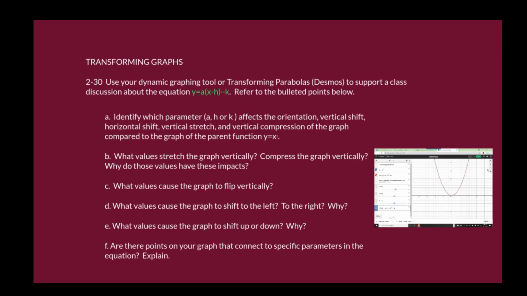You're going to see what a vertical stretch is, what a vertical compression is, what happens to the parameters to make the graph flip vertically, and what causes things to shift left and right. You're going to hear the discussion of all of those. So let me just get into the video right now and let you learn from that. So here we go.